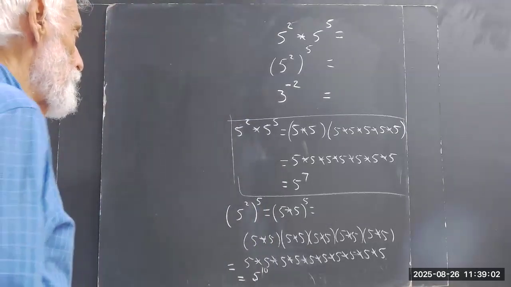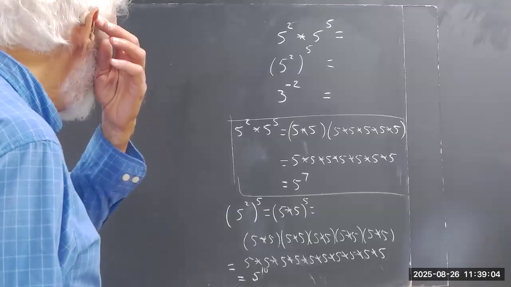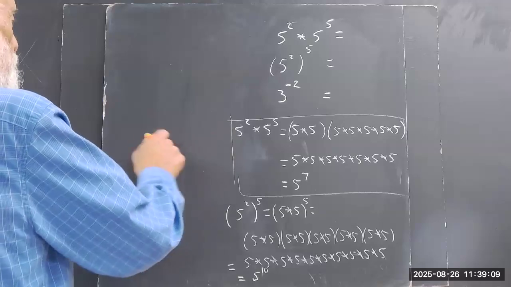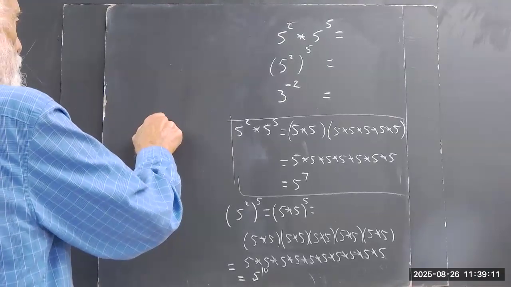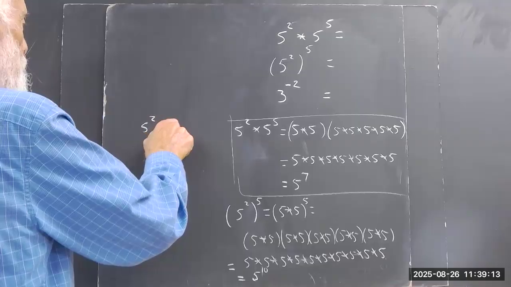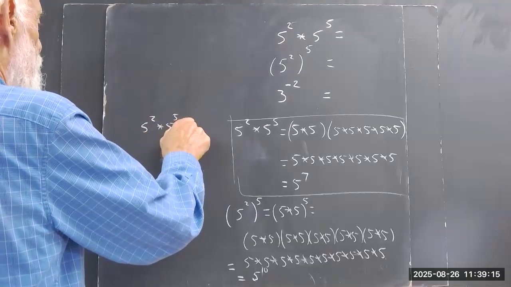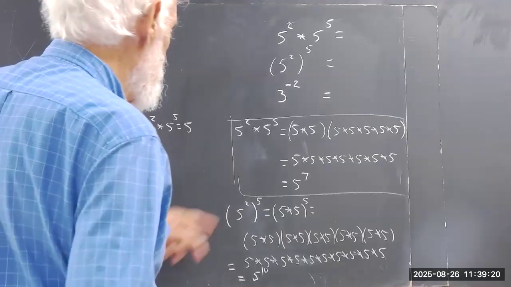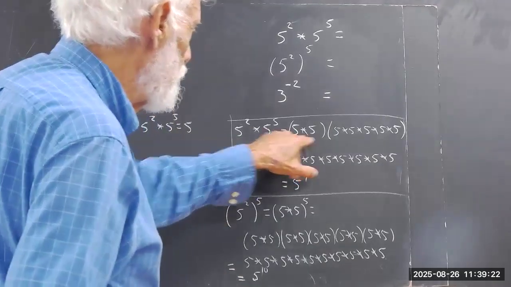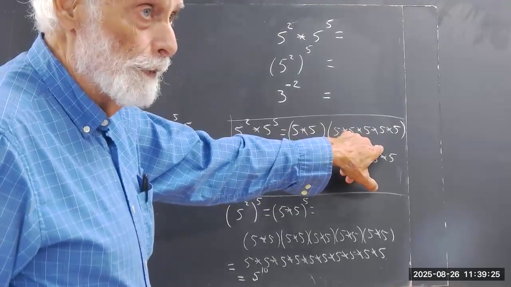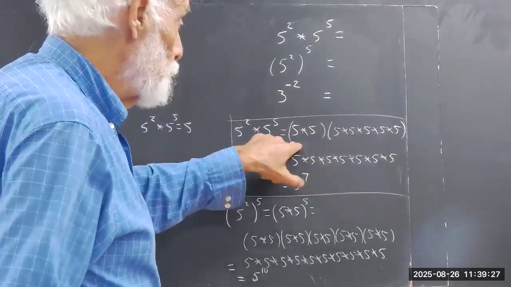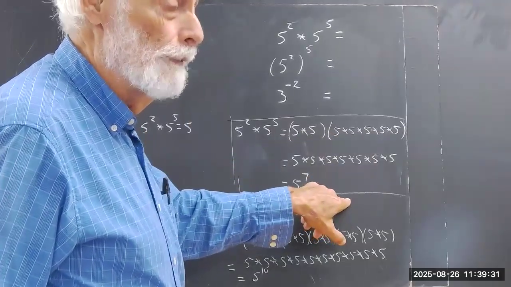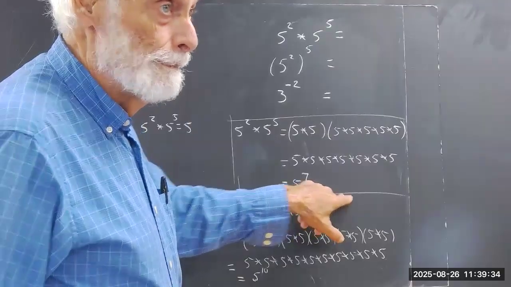Now, to reason this out, we can write 5 to the 7th times 5 to the 5th equals 5 to the what? Well, 5 squared is going to have 2 5s, and 5 to the 5th is going to have 5 of them, right? If there are 2 of them here and 5 of them here, there are 2 plus 5 here, and 2 plus 5 is 7.